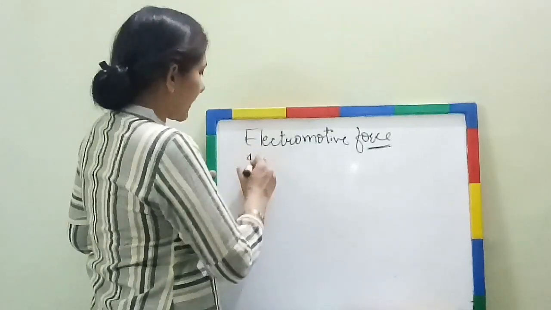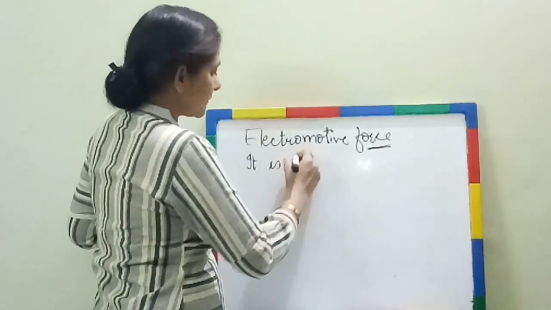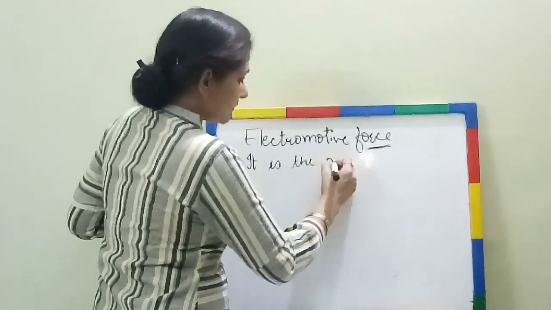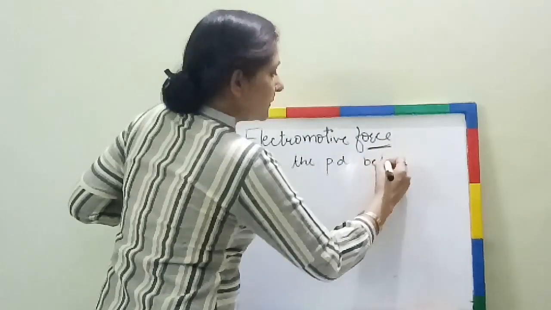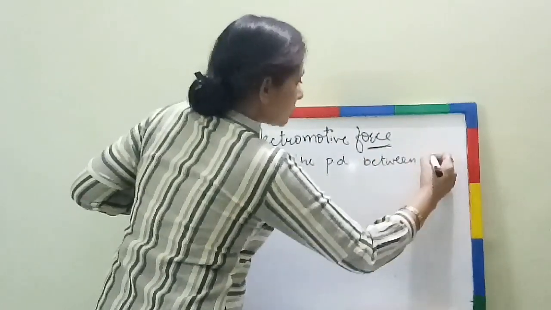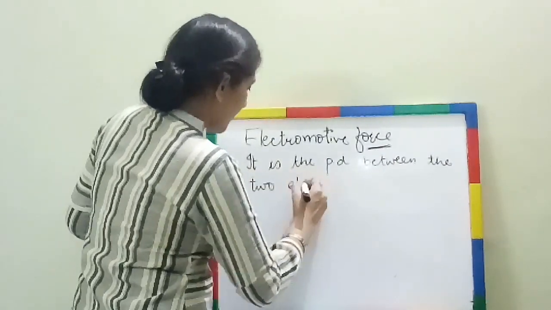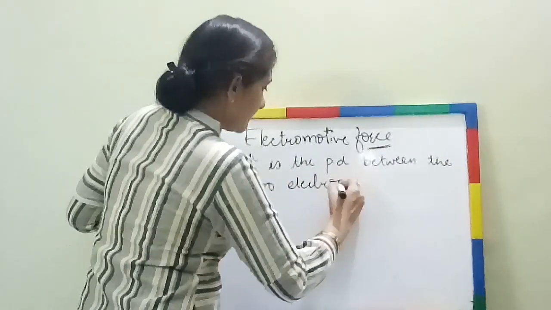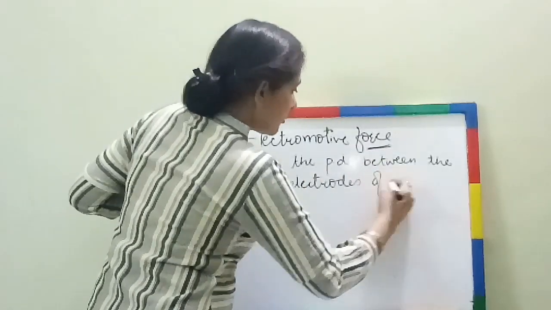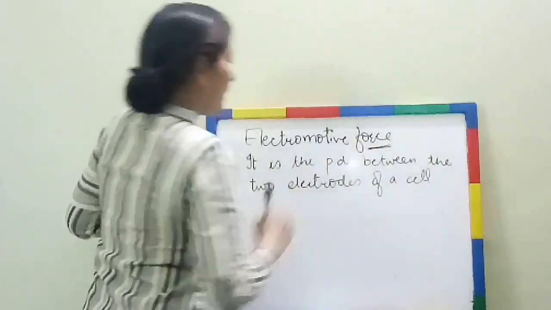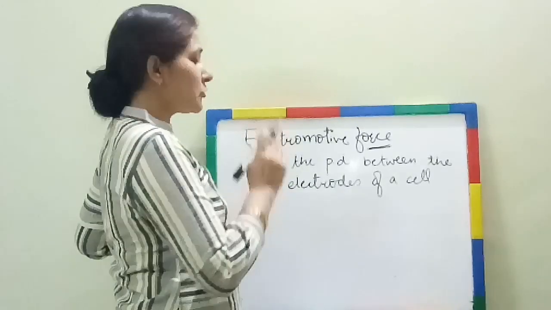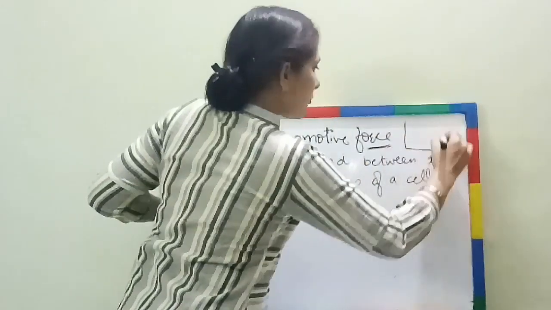Now what is electromotive force? It is the potential difference between the two electrodes of a cell. We had drawn the cell this way.